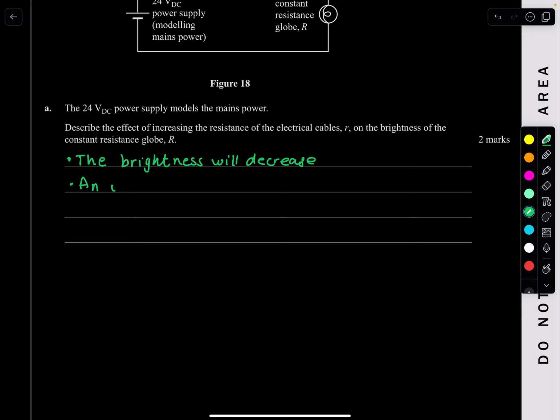An increase in resistance increases power loss in the electrical cables.